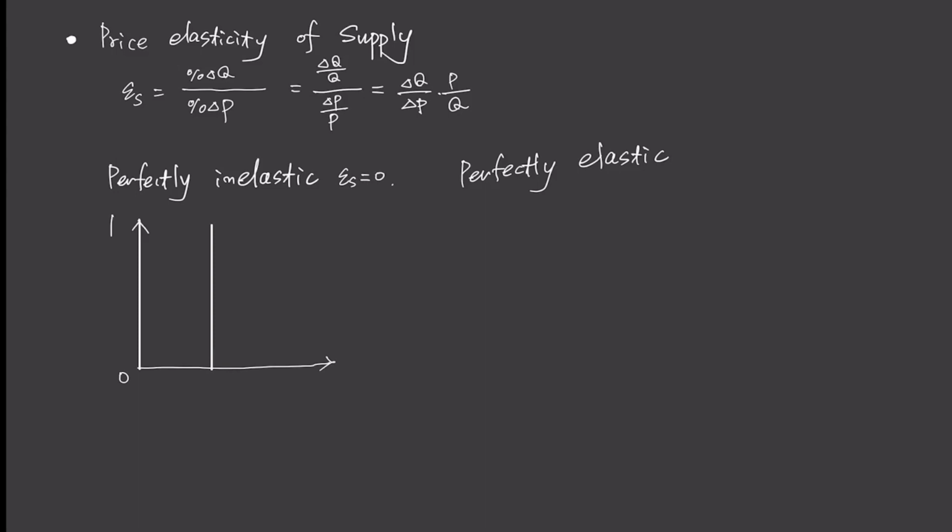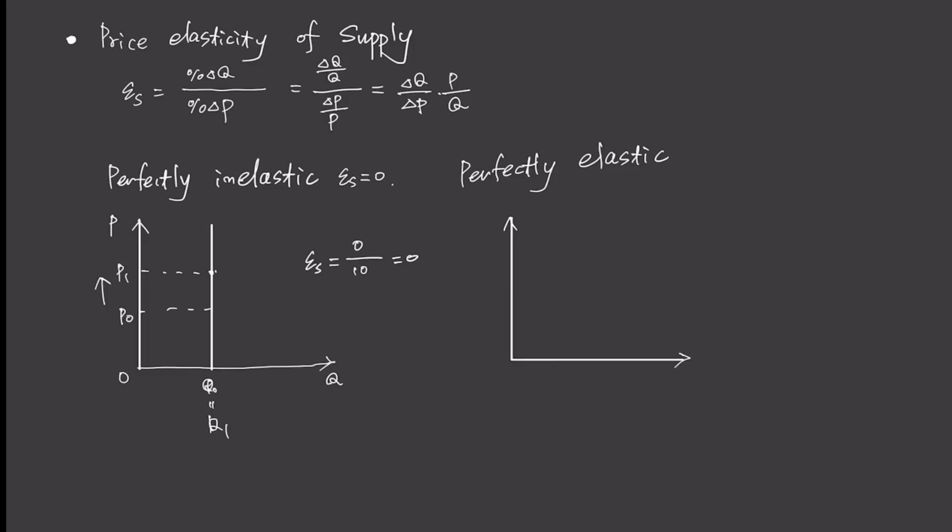Price increases or decreases, whatever it is, quantity should change, but Q0 equals Q1, so the change is 0. Change of Q is equal to 0, while P changes by 10% or 20%, whatever it is. The value itself is equal to 0. So perfectly inelastic has the same shape as on the demand curve.